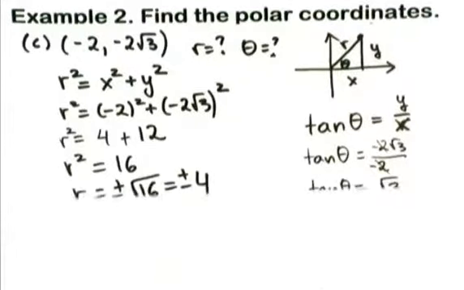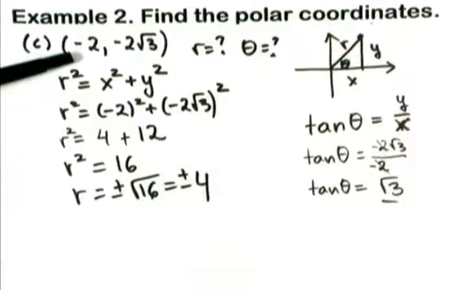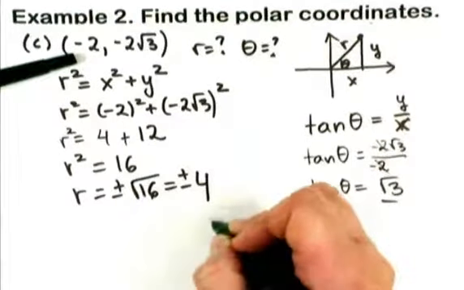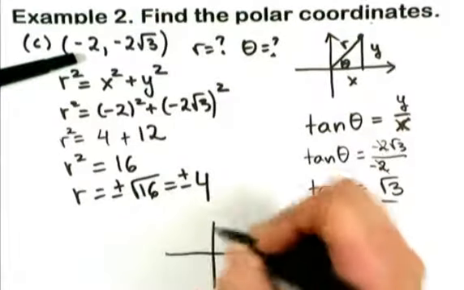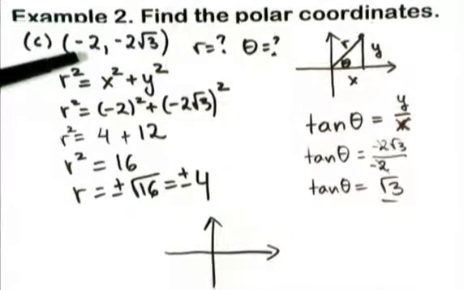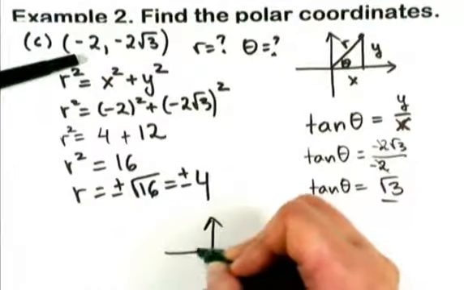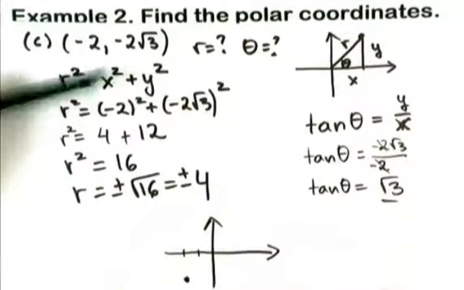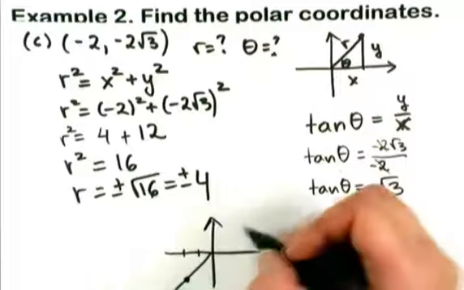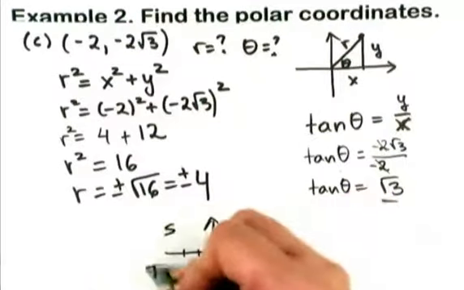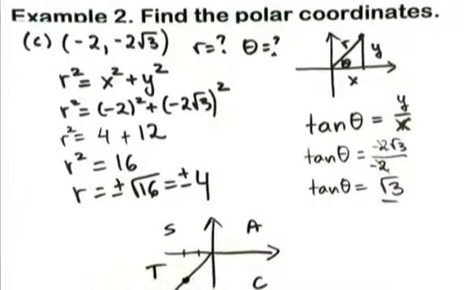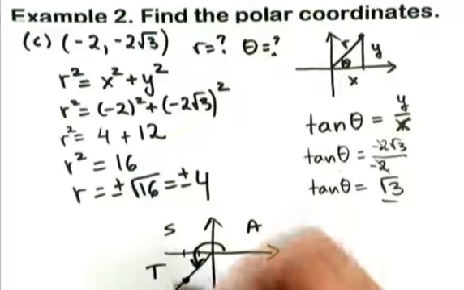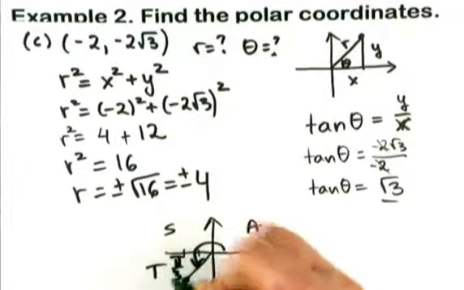If I plot this point, I have minus 2, and minus 2√3. I'm in this quadrant. So we have add sugar to coffee. Tangent is positive in this part, but we need to find this angle. And we know that my reference angle is right here, pi over 3.